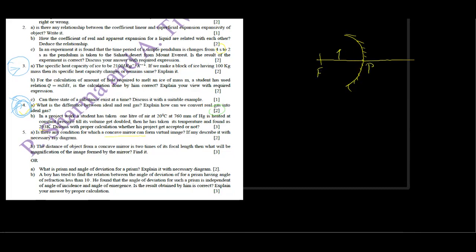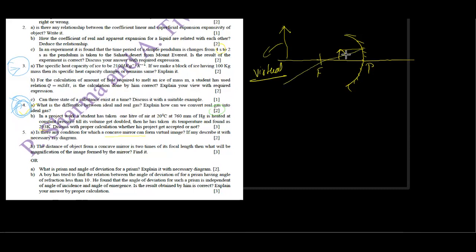If we place an object in between the focus and pole, then in that particular case the image will form on the same side of the object, and the nature of this image will be virtual. You just have to complete the ray diagram.